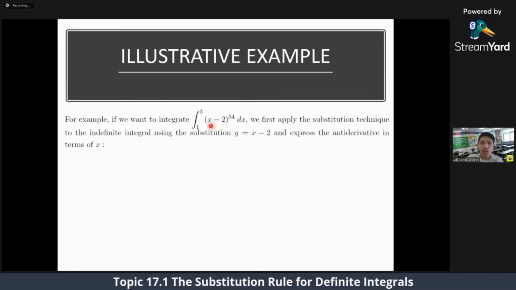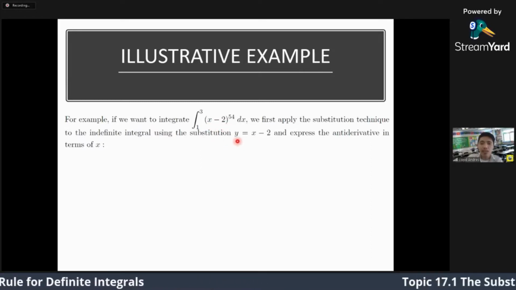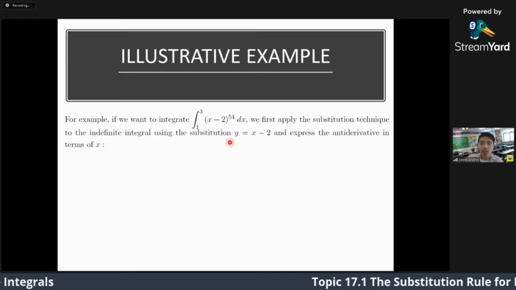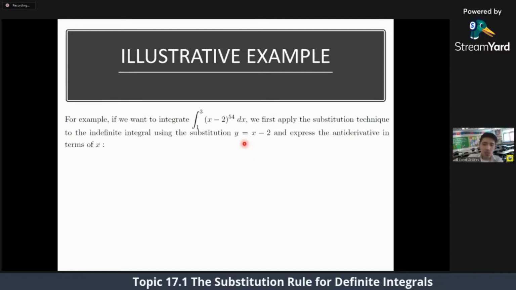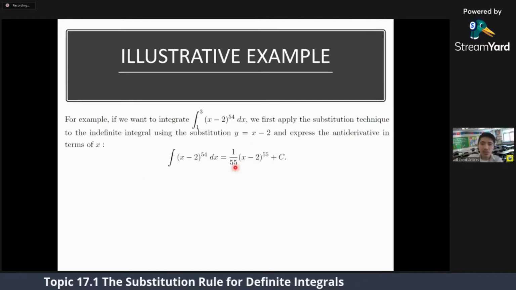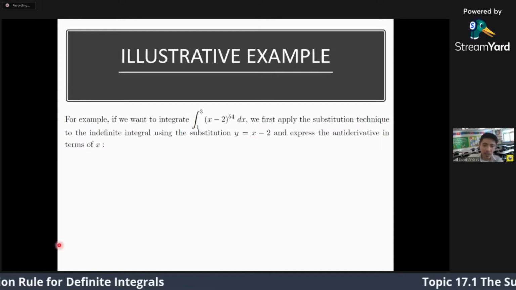So sa iyang gigamit dire, gilet niya ang x minus 2 as y. So, let y be equivalent to x minus 2.